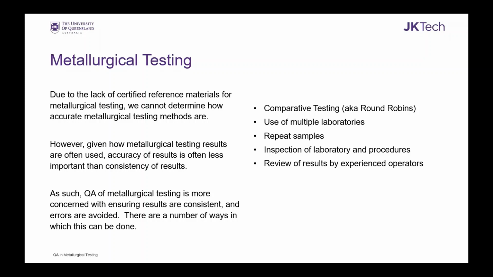I hope many of you are aware that JK performs round robins, and that is one of our main quality control and quality assurance techniques. I'll discuss using multiple laboratories to try and account for differences that arise between the different laboratories.